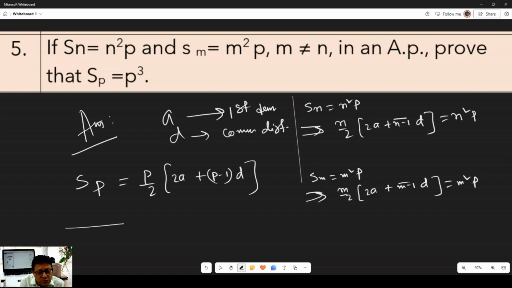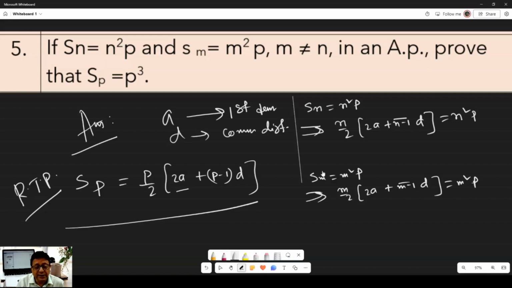When you solve a problem, you should frame what is given and what you have to do. We are going to prove this thing. Required to prove this, how can I proceed? I need a and d from these two equations. You just write the two equations in a bit more convenient form.